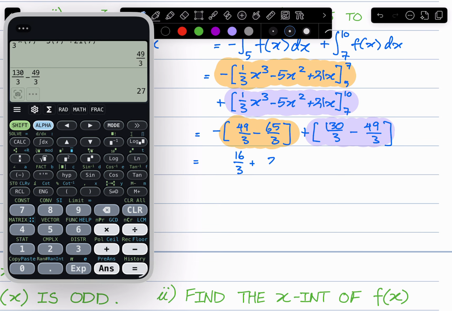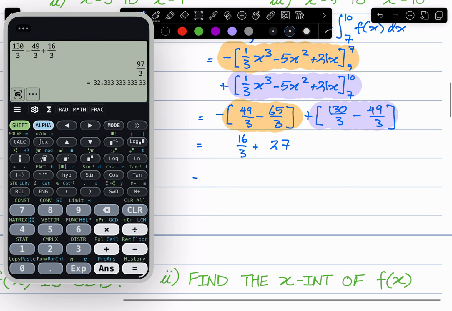This gives us plus 27. And to this, we'll just add the fraction, plus 16 on 3. All in all, we get a total of 97 on 3 units squared.